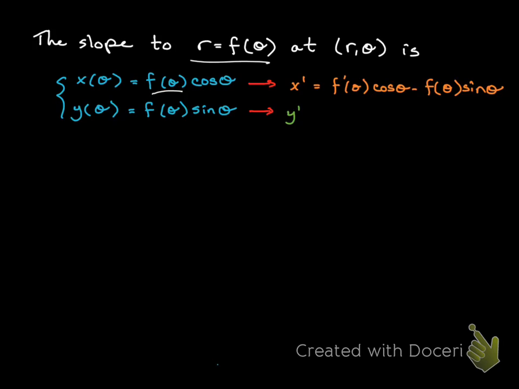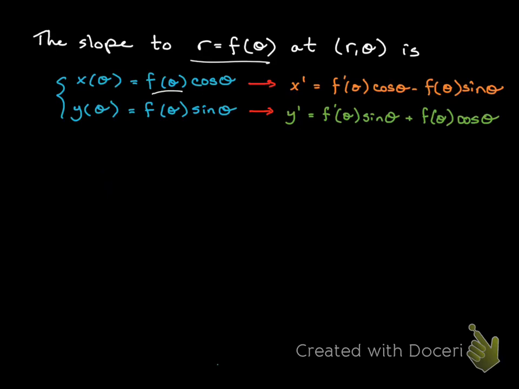And what I see there is f prime of theta cosine of theta. The derivative of cosine was a minus sign, and that's why that negative's there. The derivative of y with respect to theta is f prime of theta sine of theta, plus f of theta times the derivative of sine, which is cosine of theta.